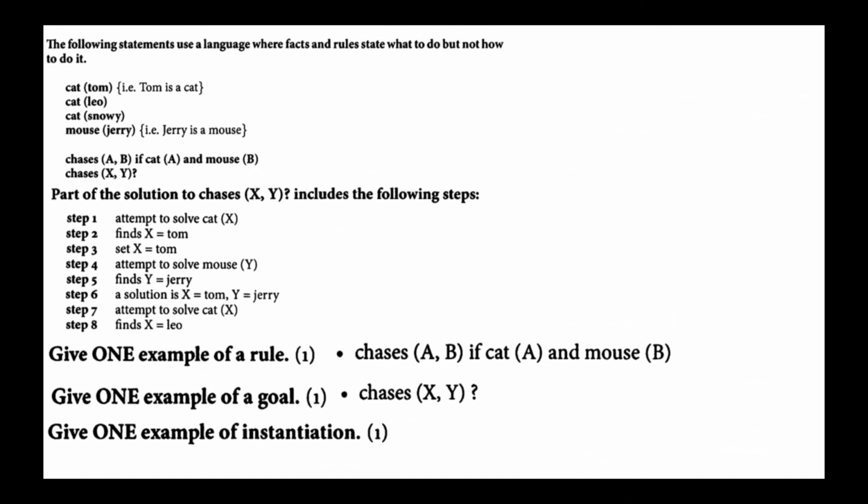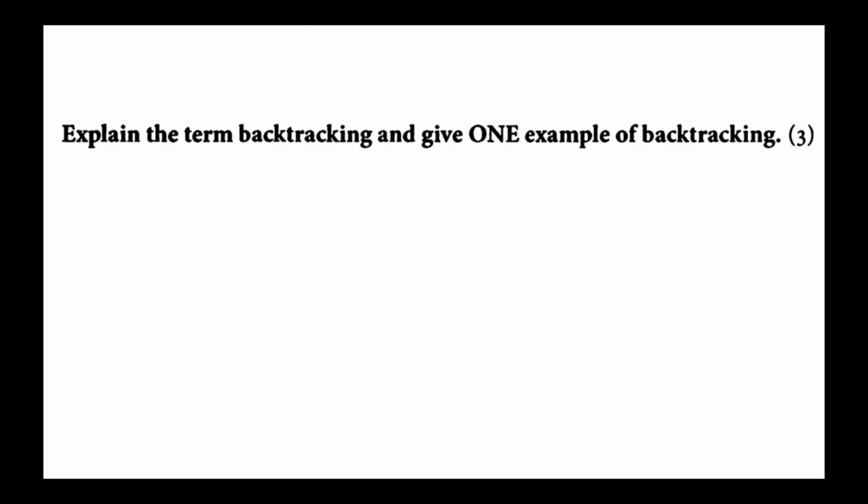Give one example of an instance. I'd completely forgotten what that is, and that is set X equals Tom. So it's setting a certain item: find X equals Tom, then it needs to set X equals Tom. Explain the term backtracking and give one example of backtracking.